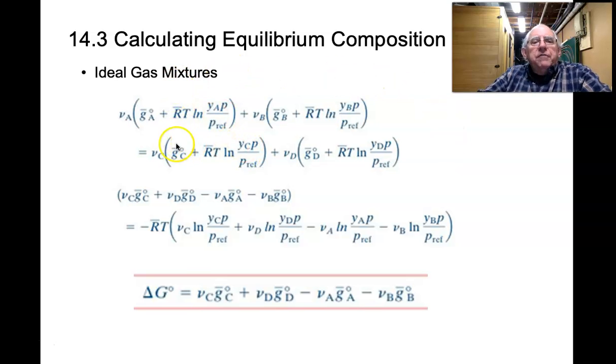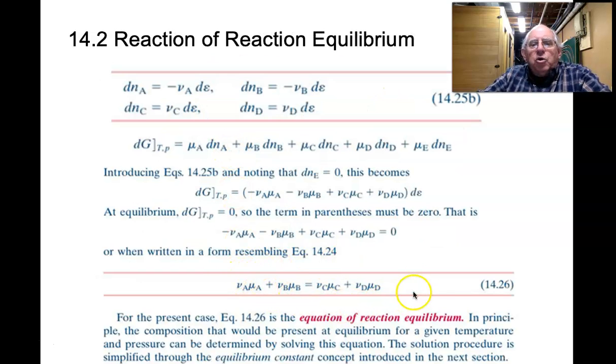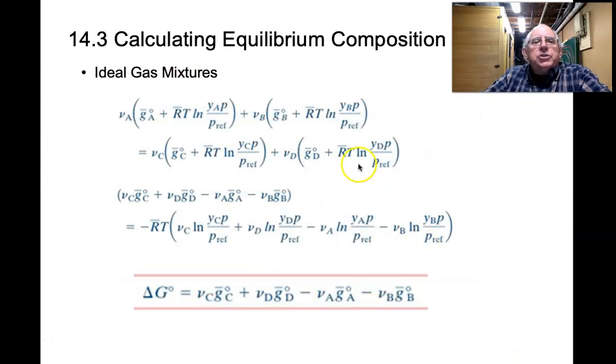As we go a little bit further, if taking this equation here that's written in terms of the chemical potential, recall before that I said that the chemical potential for each component, if the component itself can be treated as an ideal gas, has two parts associated with it.